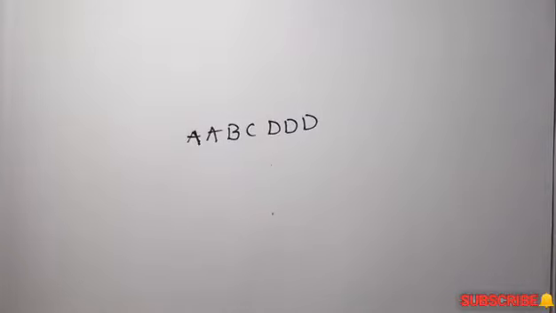Then you are being asked to rearrange, or to find the number of arrangements that can be made without restrictions, right? So we are talking of permutations here. By the word arrangements, it means we are talking of permutations, right?